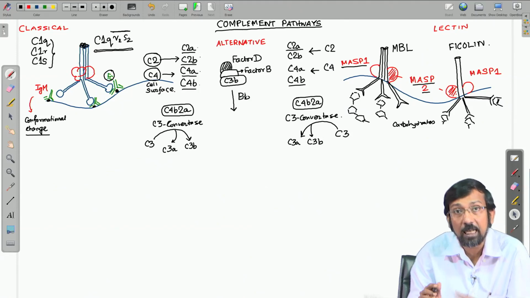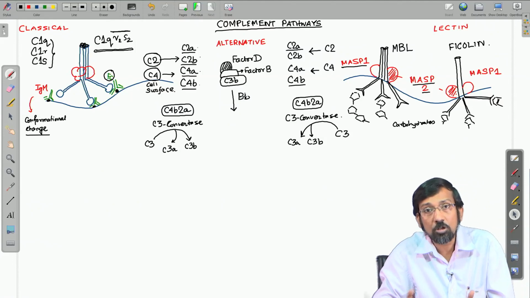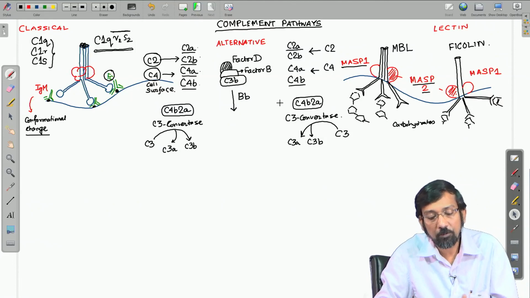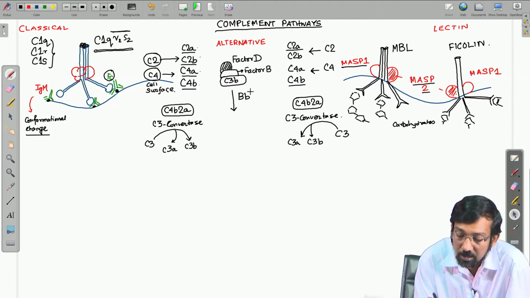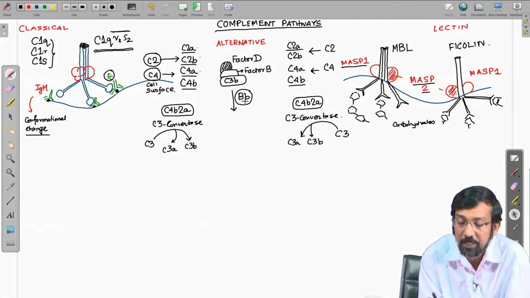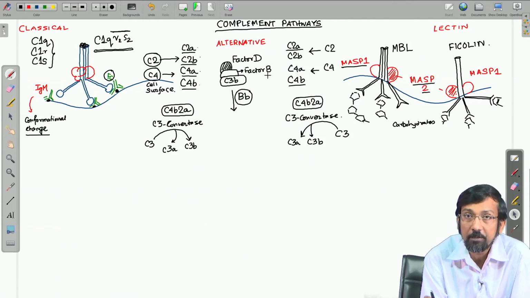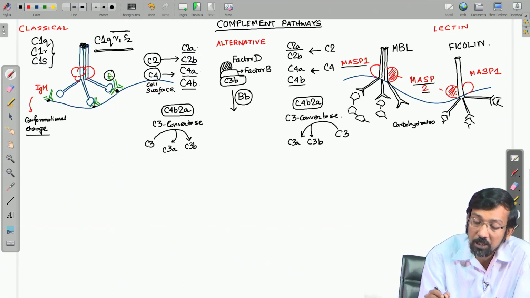So, B again is cleaved. Since it is also a complement protein, it is cleaved and forms a large fragment which is called the Bb. So, this Bb is a broken product of factor B, and this is possible only in presence of factor D and the C3b.